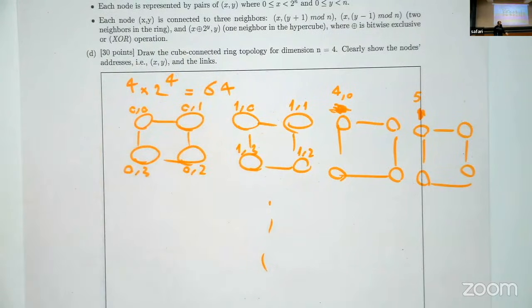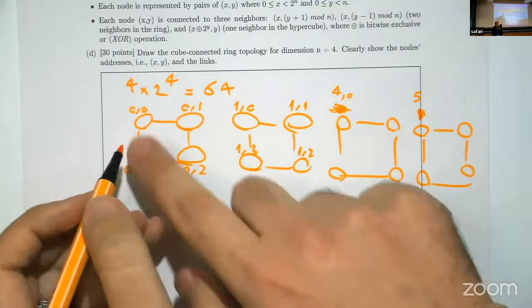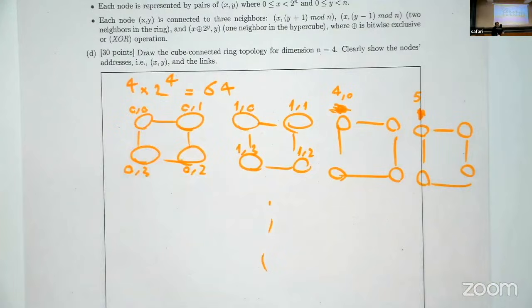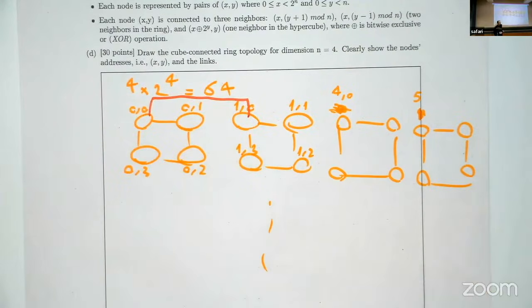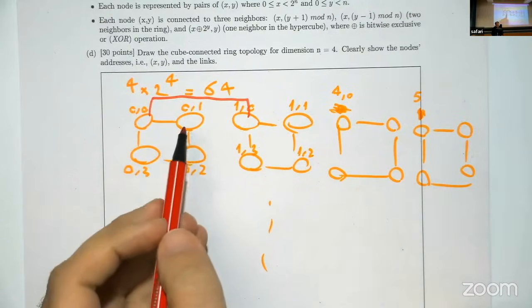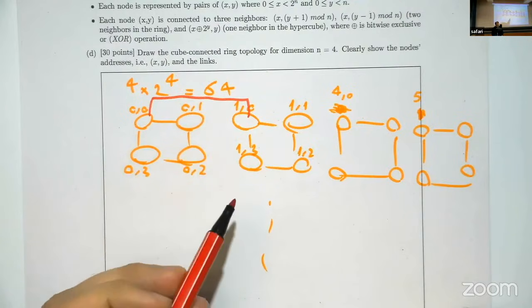The result is 1, and then y, which is 0. So (0, 0) is connected to (1, 0). This is the hypercube connection for this node.